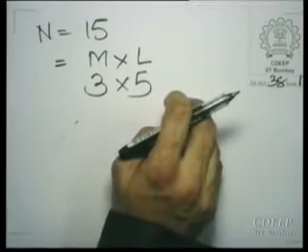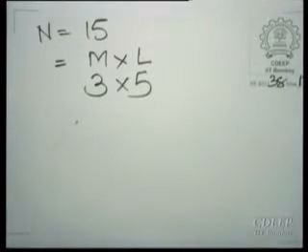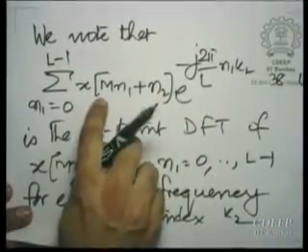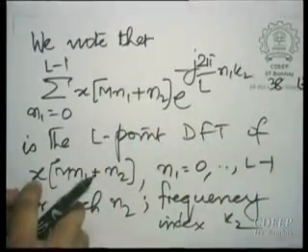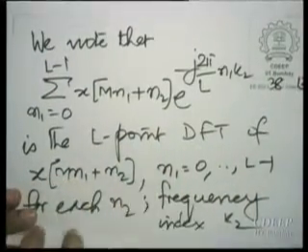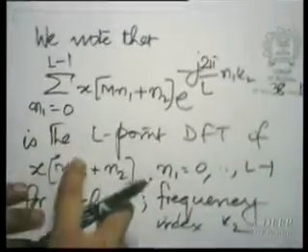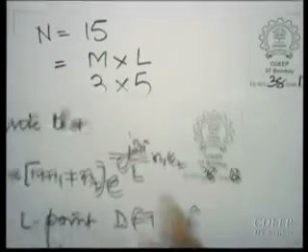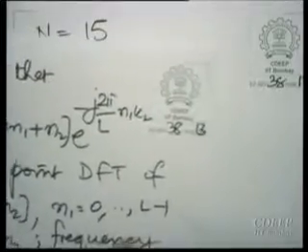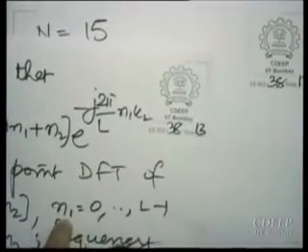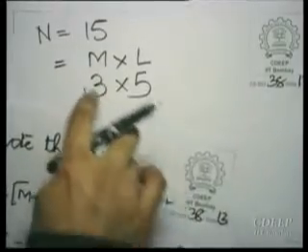You see, at first we took, let's draw this whole situation pictorially. We first take an L point, L means 5, a 5-point discrete Fourier transform of x m n1 plus n2 for each n2. So, x here will be x 3 times n1 plus n2, and you have a 5-point discrete Fourier transform. As expected, n1 goes from 0 to 4, and for each n2, n2 would run from 0 to 2.